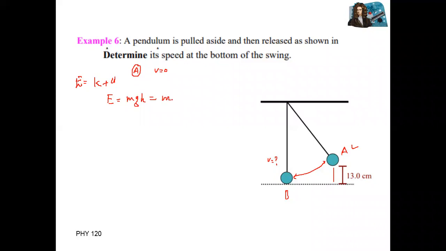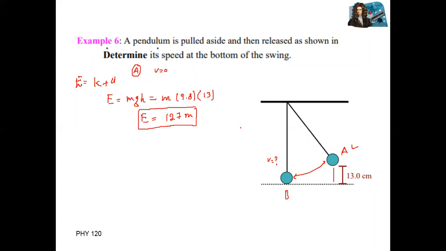M is mass, g is 9.8, and height is 13 centimeters. So E is equal to 9.8 multiplied by 13. You can convert centimeters into meters, but it's okay. I just want to show how to solve this question. So 9.8 multiplied by 13 equal to 127. 127 multiplied by m. We don't know about m. M is the mass.